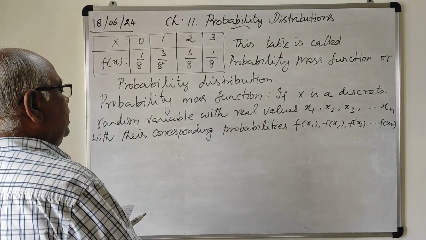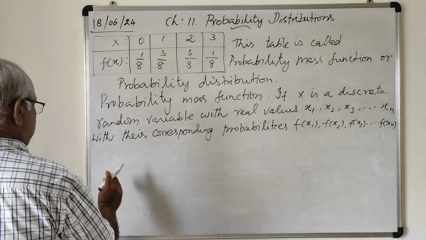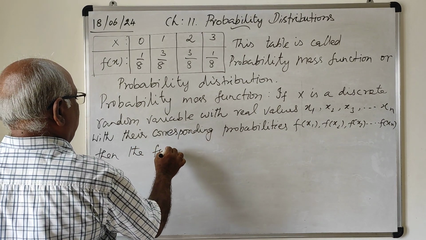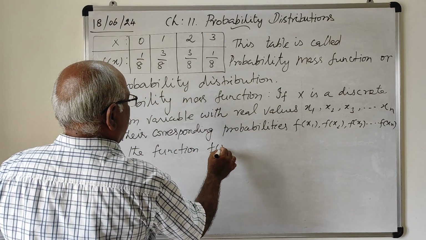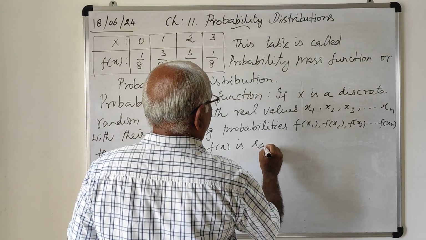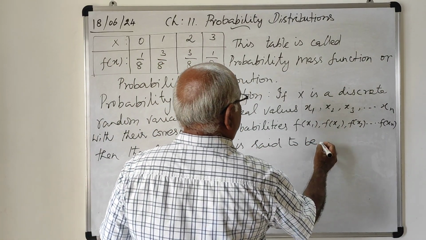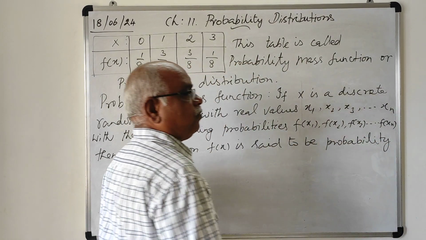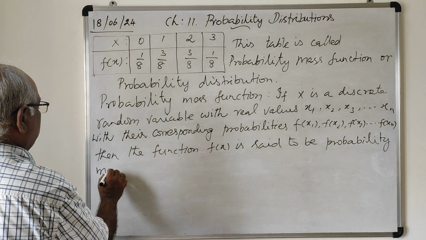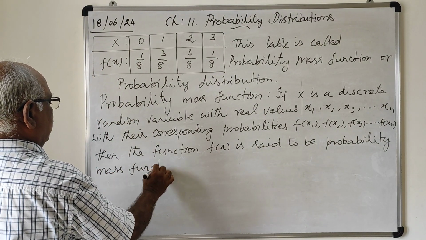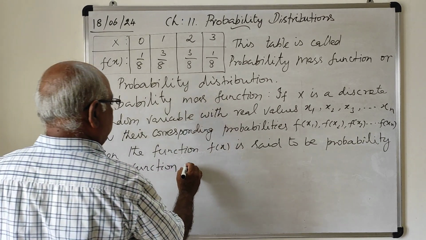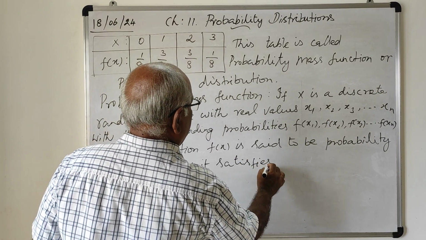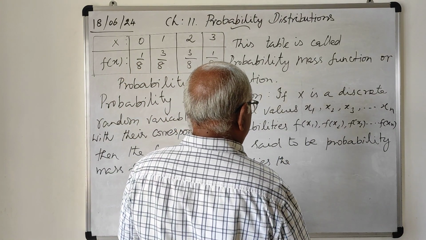The function f of x is said to be probability mass function or probability distribution if it satisfies the following properties.